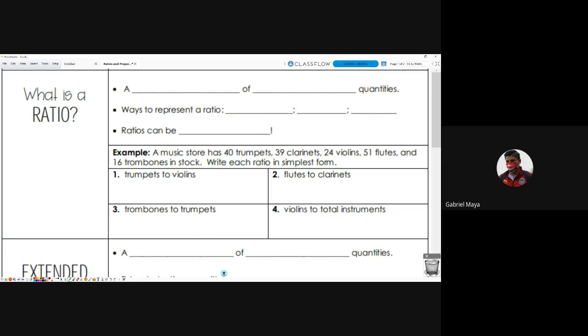All right, let's go ahead and get started. We're going to talk about ratios. So let's start off with that. What is a ratio?